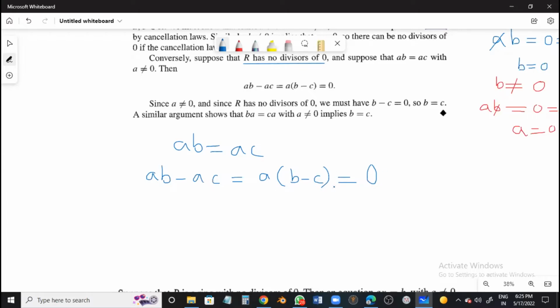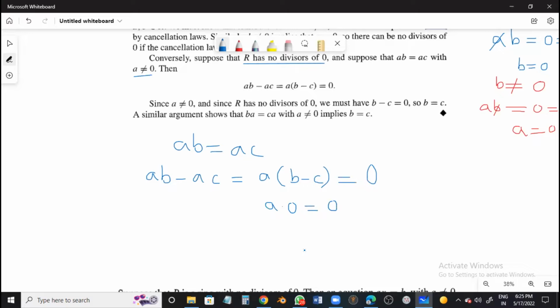I repeat, A multiplied by something is 0, and my assumption was A is non-zero. If A is non-zero and R has no zero divisors, what does this indicate? The other factor must be 0, then only you will get 0.